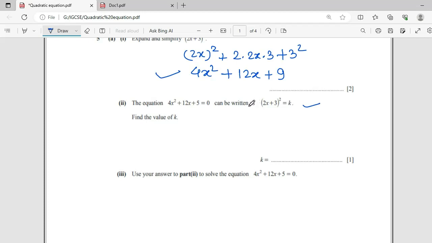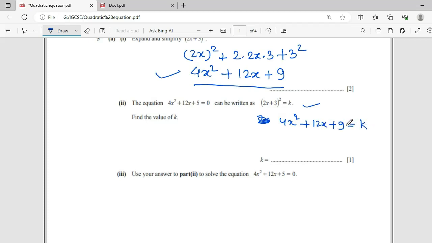Suppose we wanted to expand this using the above formula. The (2x plus 3) whole square, we already did it, so instead of writing it out, we can directly utilize the previous answer. So the answer will be 4x square plus 12x plus 9 equals k.